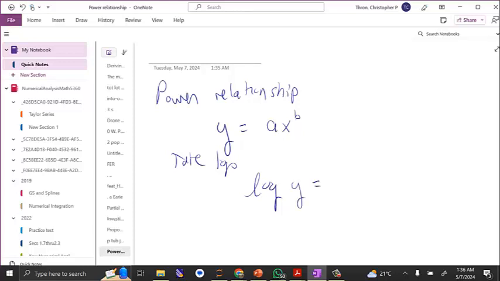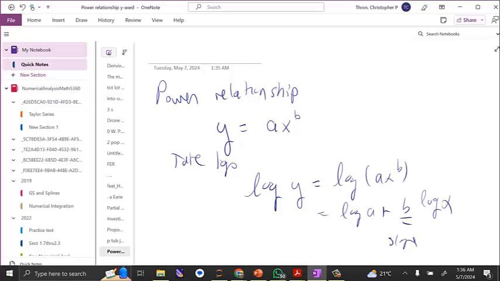It could be natural log, it could be log base 10, it really doesn't matter. So it's equal to log a plus b log x. Right? So here you've got the slope. So the slope of the log-log plot gives you the power. And that's a tremendous tool. The slope gives the power of the relationship.